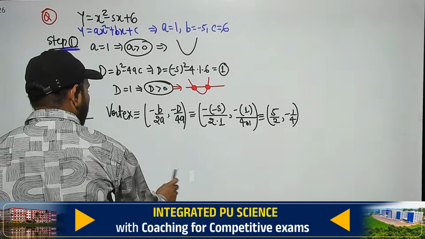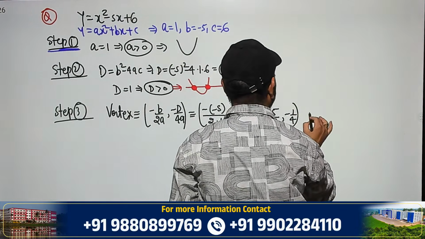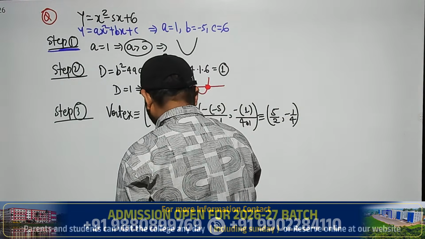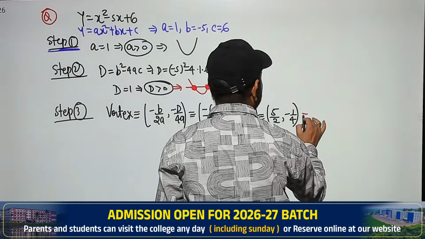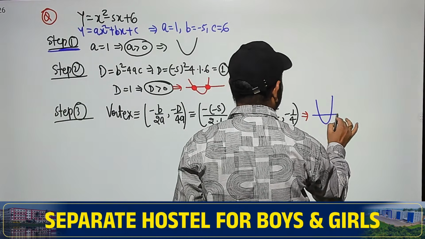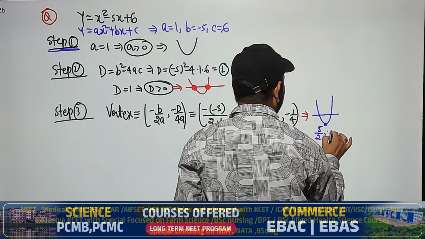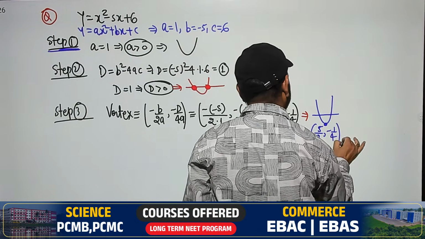Now see here, I can draw the graph. The graph is looking like this, and this point is the vertex, 5 by 2, comma, minus 1 by 4. Now understood this one.